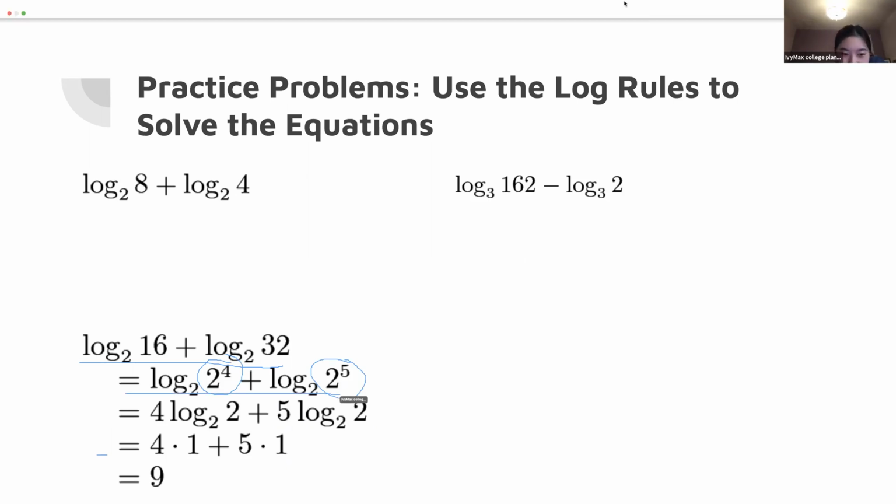And then after that you can bring the 4 down to here, just like this. And then right now you can see log base 2 of 2 is equal to 1, which matches the rules that we learned before. And then you do 4 plus 5, since 4 times 1 and 5 times 1. So you do 4 plus 5 equals 9, and that's your final answer.